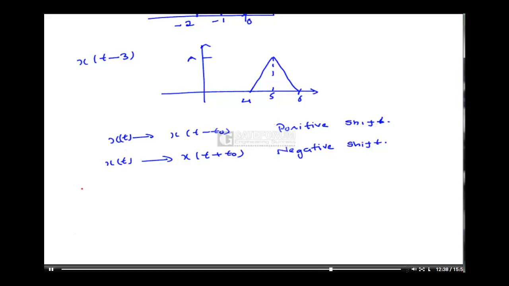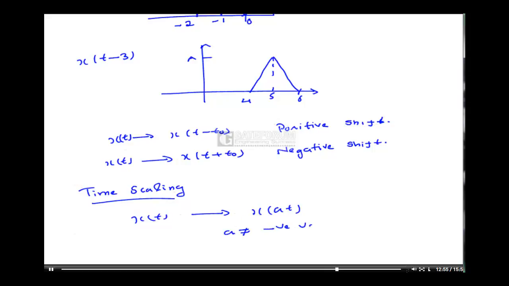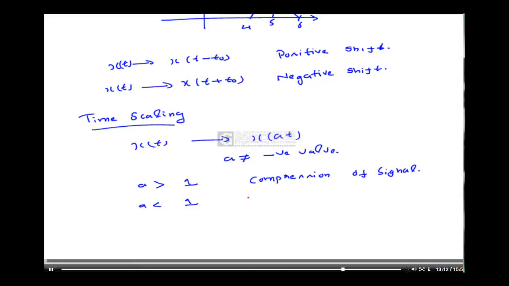Third, another operation which we can do on this is time scaling. x t changing to x of a t. Okay. a is not equal to any negative value. When a value is greater than 1, it becomes compression of the signal. If a value is less than 1, it becomes expansion of the signal.